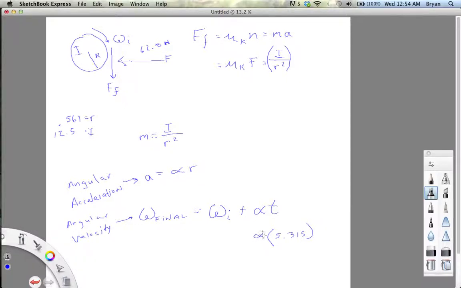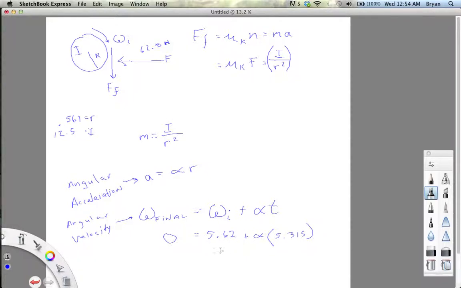Remember, we're solving for this, so it's just going to stay acceleration. Plus, what is the angular velocity, the initial? I got 5.62. And then this is 0.